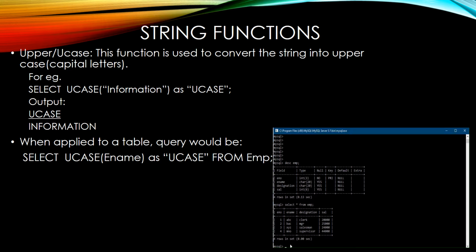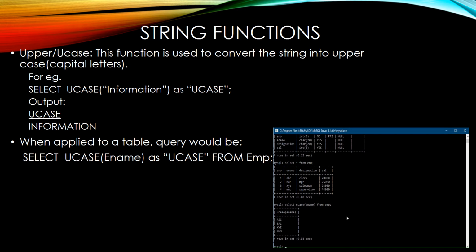How can I do this? I will write a select command which uses ucase function. Ucase, in bracket you will write the name of the field, then from clause and the table name. When you press the enter key, you can see the output is displayed here.